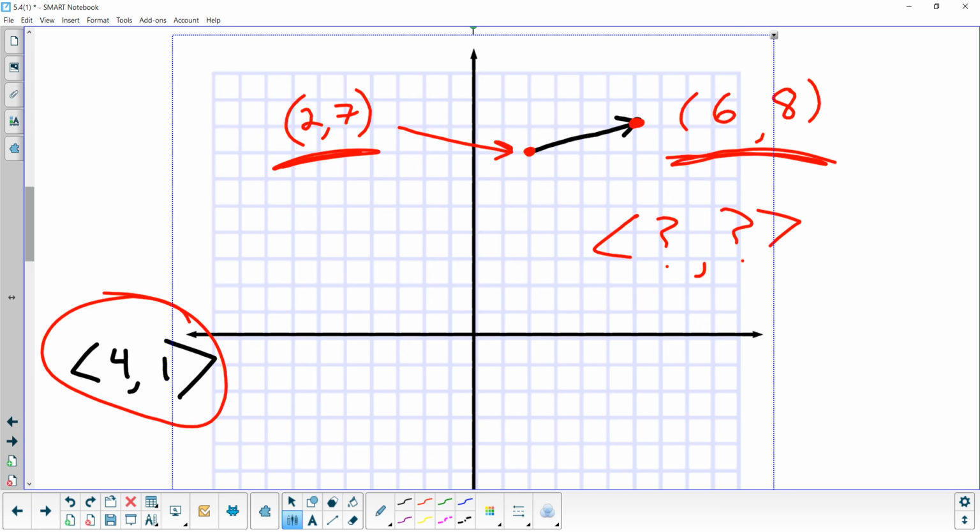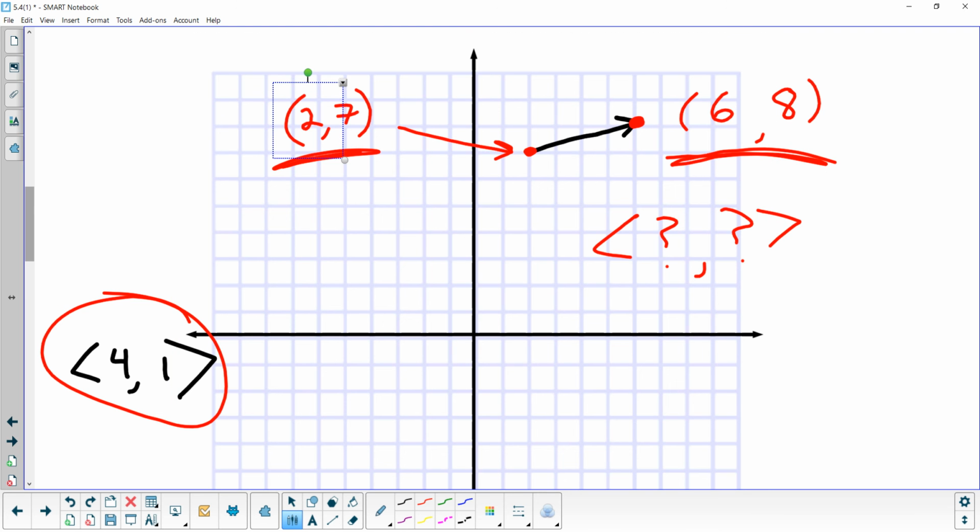Yep, Angelina? Subtract them, specifically the terminal minus the initial. If you take the terminal coordinate and you minus the initial coordinate, 6 minus 2 gives me the 4. 8 minus the 7 gives me the 1.